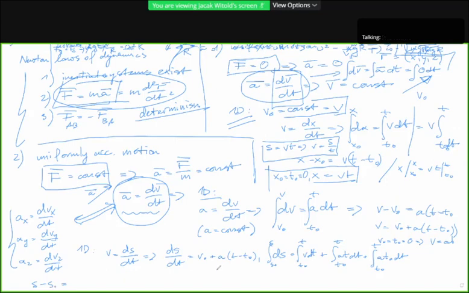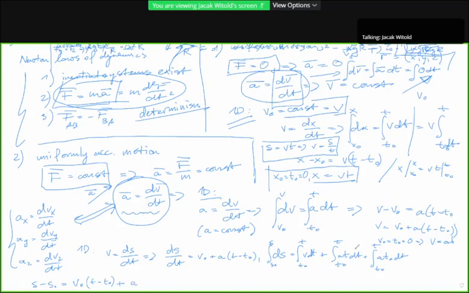So it's v0, which is a constant. So it's again t minus t0. So it is v0(t minus t0) plus the second one is at. So a is a constant, but t is not. t is a function of time, which is integrated here. So we have a. And now the question is, integration of t dt is what?